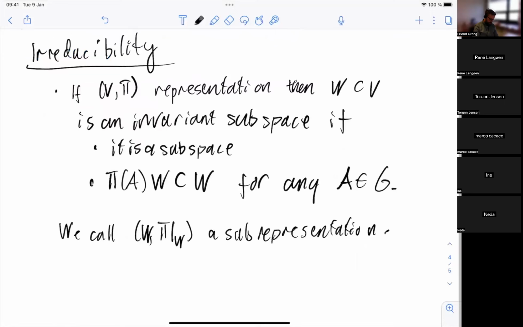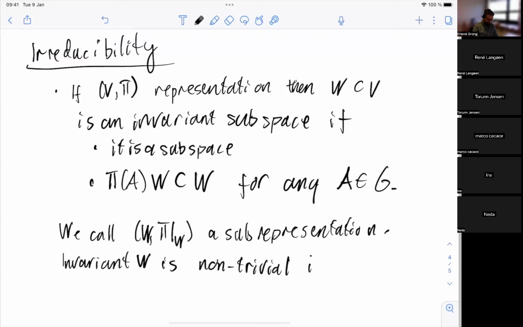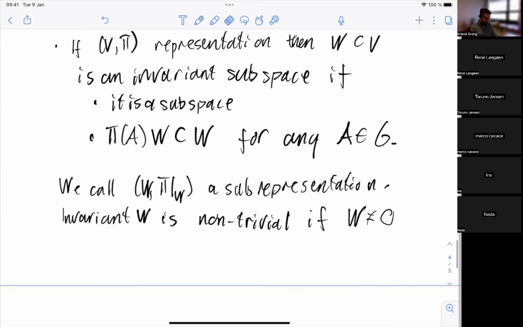And we say that an invariant W is non-trivial if W is not 0. So 0 is always a subrepresentation. It's always invariant, because if you multiply 0 with something linear, then you always get 0.